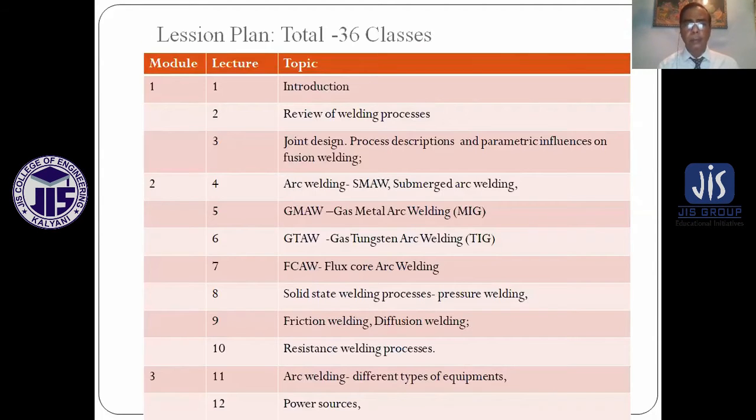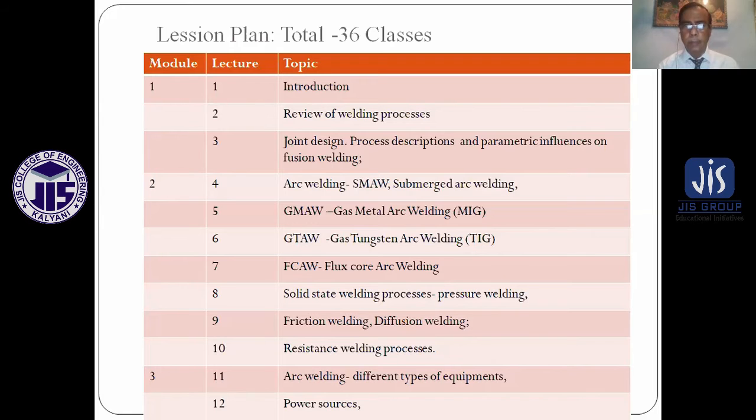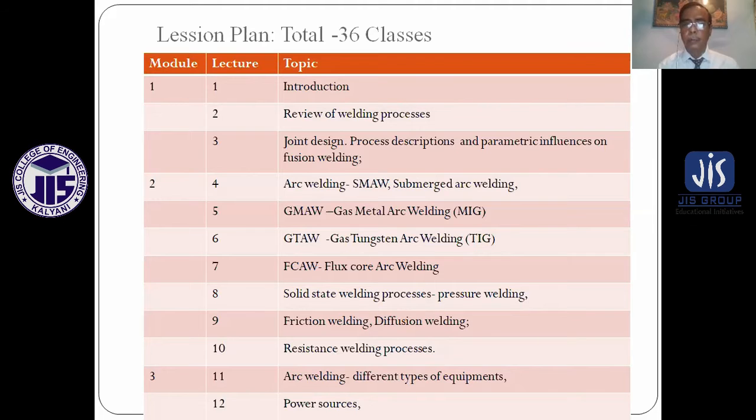According to the lesson plan, a total of 36 classes are there. Number one, today's lecture, introduction and basic processes. Number two, review of welding processes. Number three, joint design, process description, parametric influence on welding.